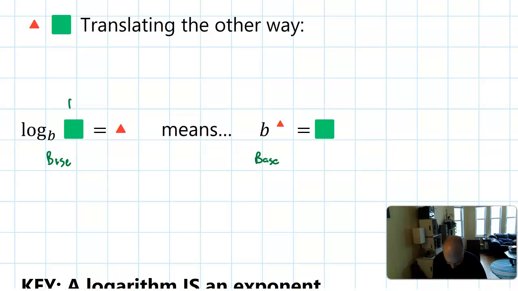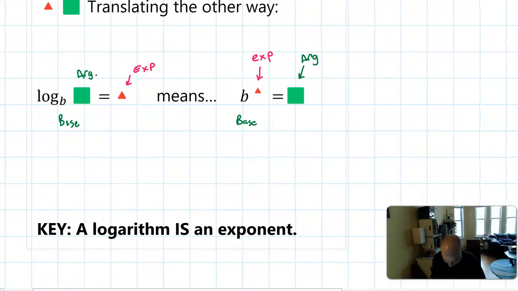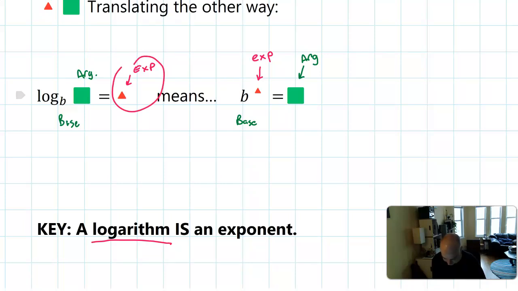Then the argument of the log goes to the other side of the equal sign, and what the log was equal to is the exponent. So when you transition this into an exponential expression, the exponent becomes attached to the base. So what that means really is that a logarithm is an exponent, right? This is equal to the thing that becomes the exponent.